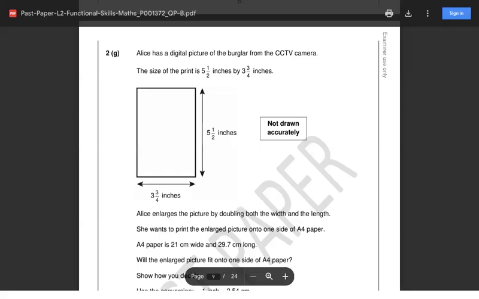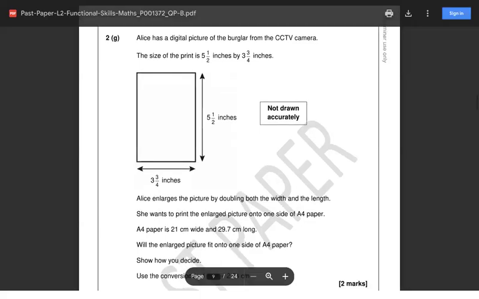She wants to print the enlarged picture onto one side of A4, which is 21 centimeters wide and 29.7 centimeters long. Show whether the enlarged picture will fit on the A4 paper.